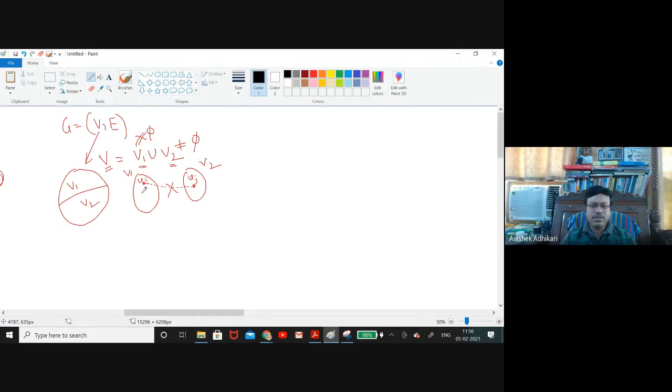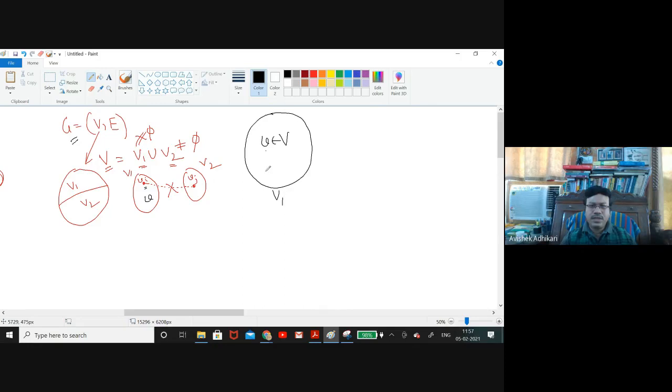Yes, somebody else. Okay, start with any vertex, say v belongs to V. Now consider the component of v. Given that G is disconnected, consider this component and call the vertices corresponding to this component V1.